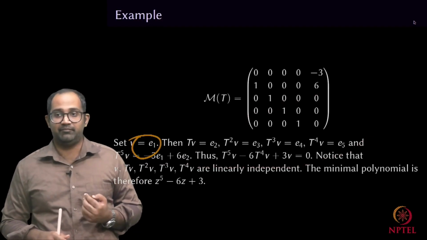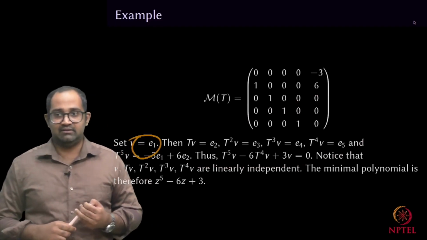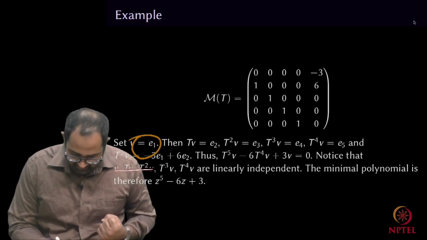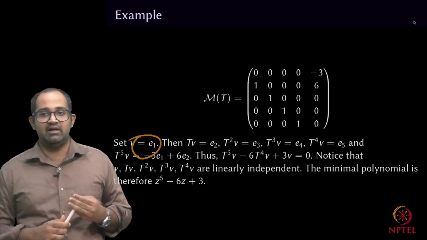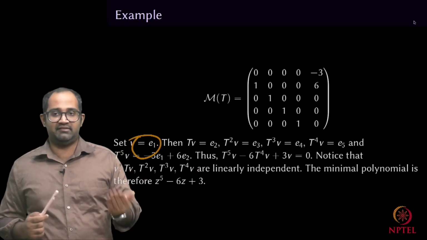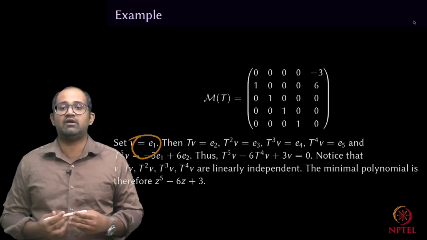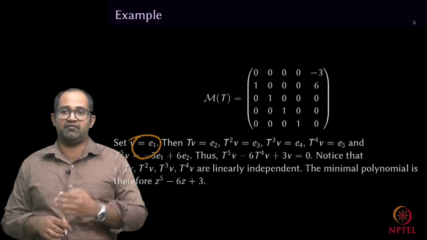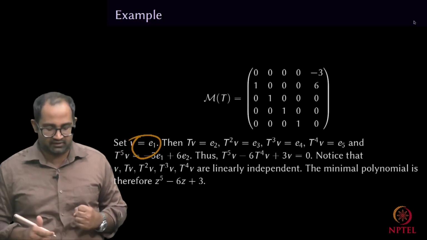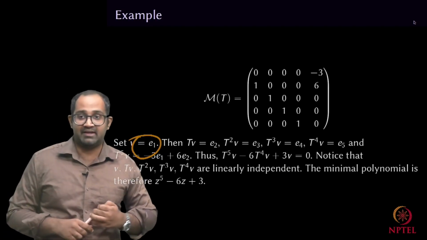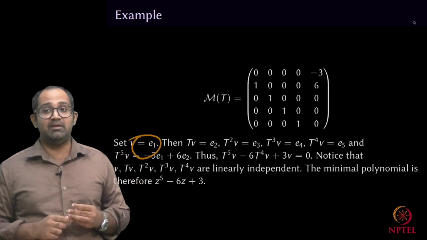That's what we need. But that happens in a unique way because the first 5 vectors are linearly independent, and therefore if the sixth vector is in the span of the first 5 vectors, there's a unique linear combination of the first 5 vectors which gives you the sixth vector.